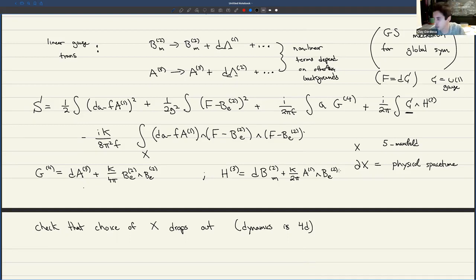Right. So notice the simultaneous conceptual similarity here to both a non-abelian ordinary symmetry, where the field strength of course has a nonlinear term in the gauge fields, and also the Green-Schwarz mechanism, where the higher-form field gets its gauge invariant field strength involving a Chern-Simons-like coupling of form fields of lower degree.